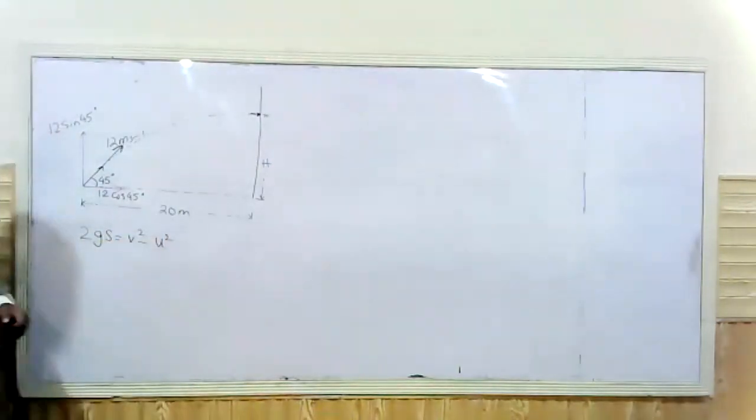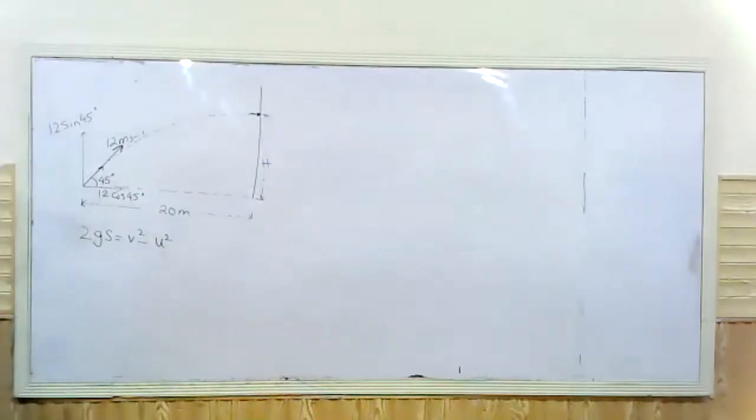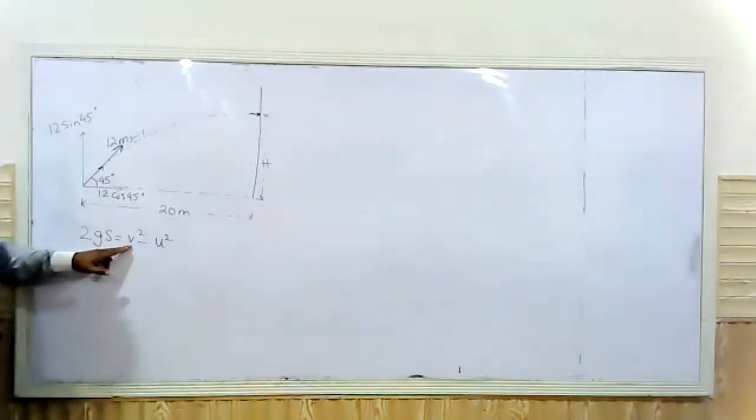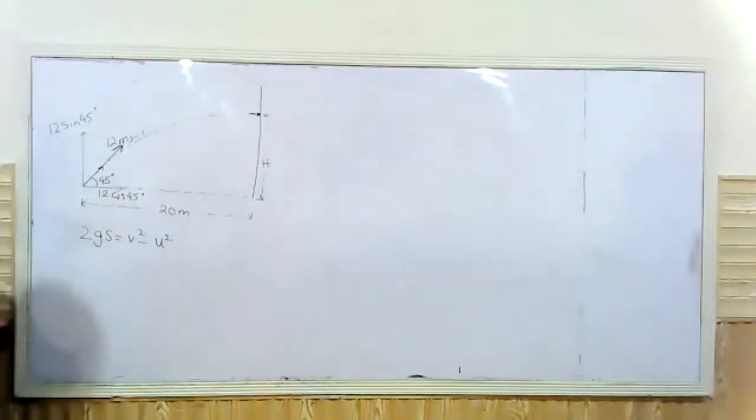If you remember, I told you when I started the discussion on this type of projectile motion, because maximum height has no vertical component, so v disappears there.